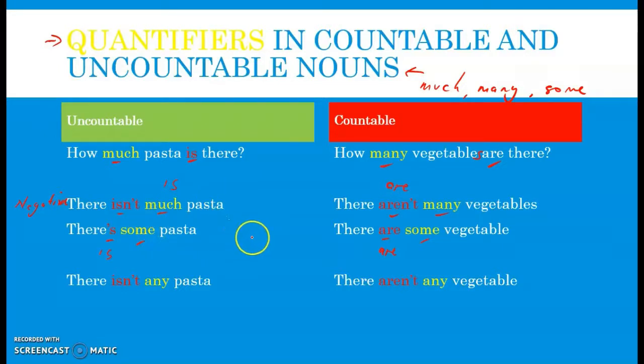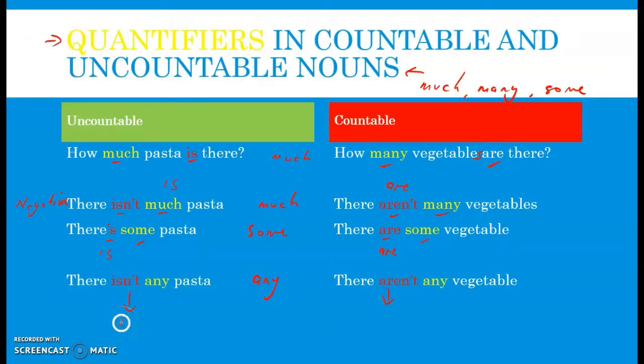Okay. Now, last but not least, the quantifier any. For the quantifier any, there isn't any pasta. Again, both uncountable and countable nouns use it similarly, except the auxiliary verb.